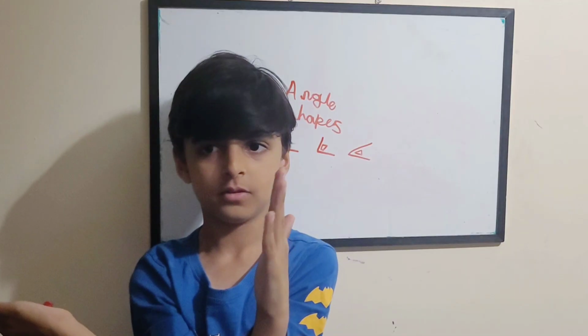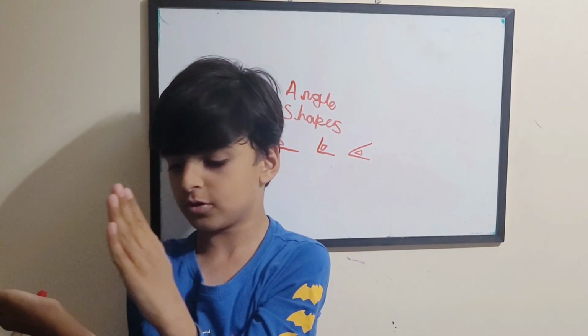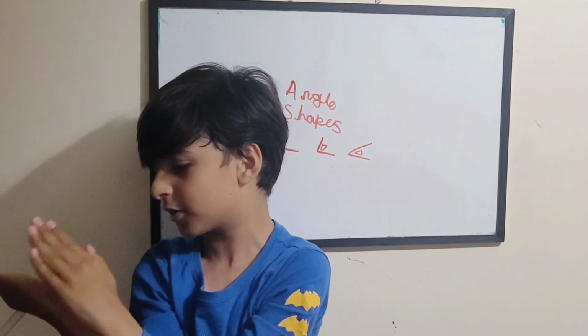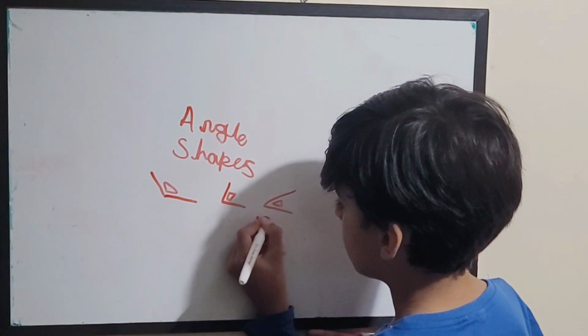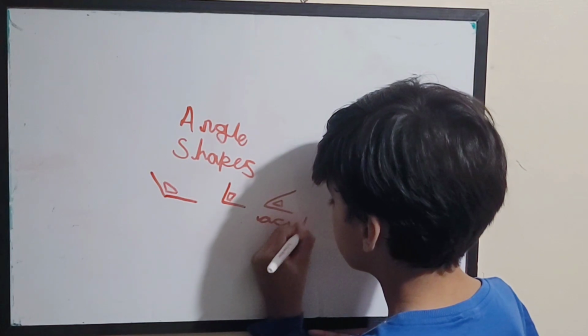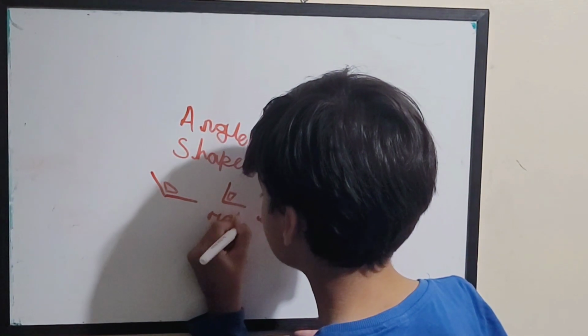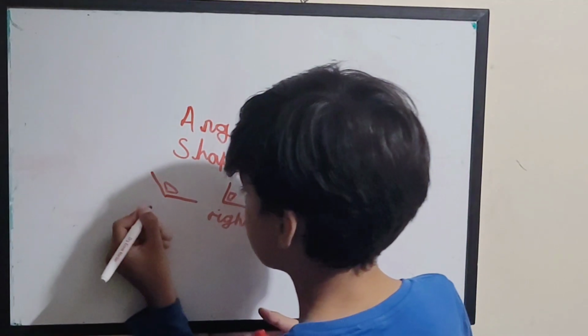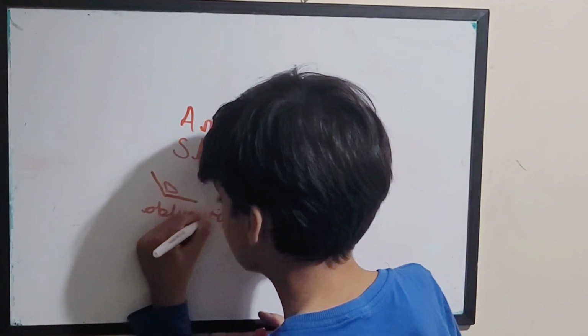Now you can feel it as well when it turns into a right angle. Then you can go smaller, smaller, acute. So that's what an acute angle is. So this is acute, this is right, and this is obtuse.